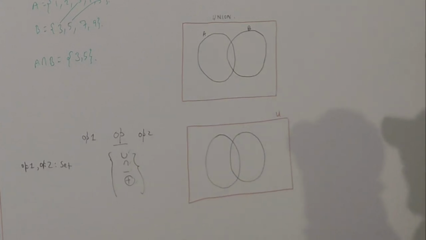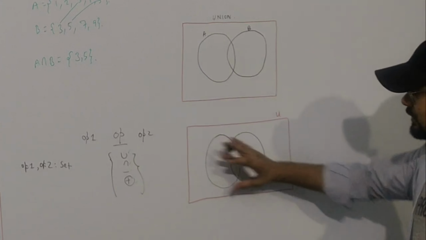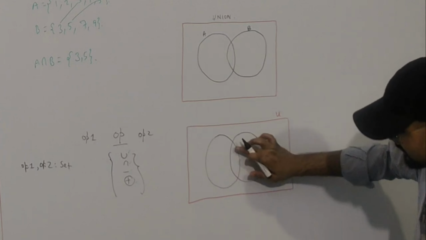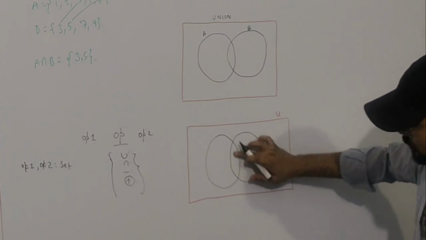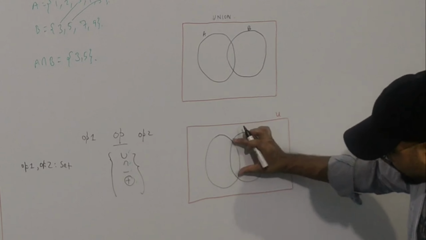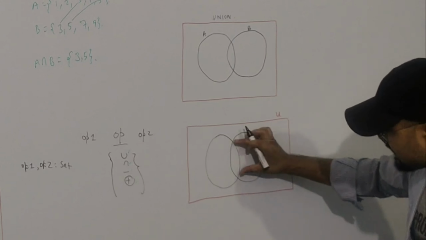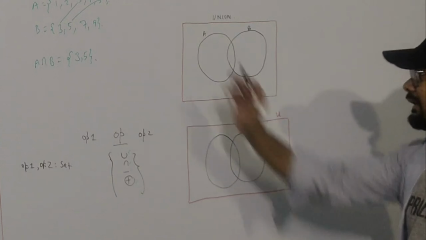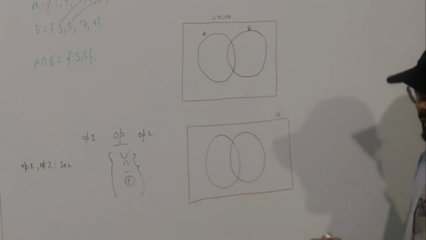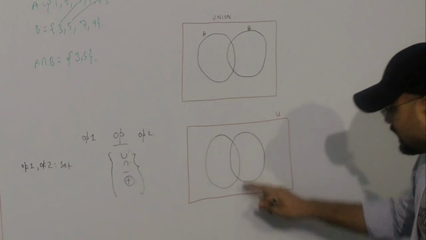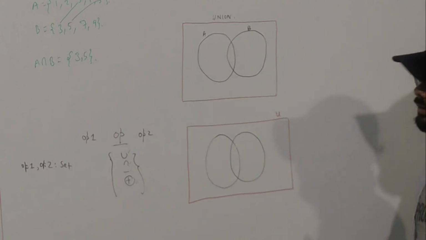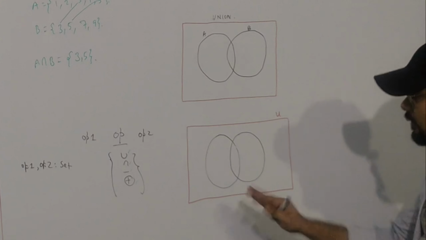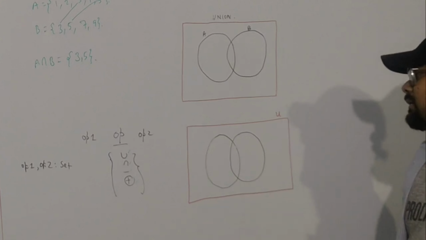You can see how many different regions are possible because of these two sets. One of the possible regions is the common portion, and to get all these elements you have the intersection operation. So your intersection operation will return a set that has all the elements in this region. Similarly, all other set operations will give you some region from this diagram.